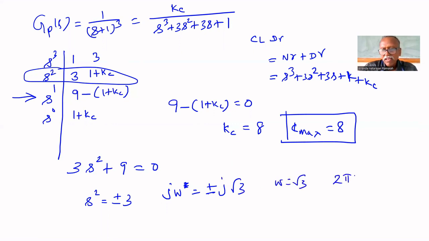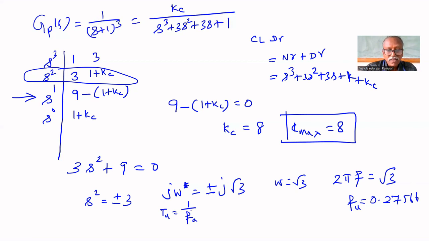Omega equals 2 pi F equals root 3. Therefore, F equals 0.27566. Therefore, TU equals 1 by FU, where FU is the ultimate frequency and TU is the ultimate period.